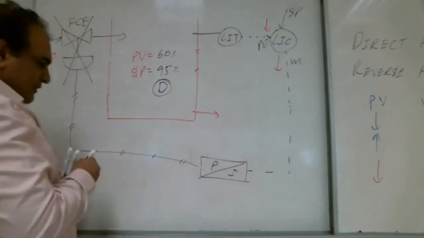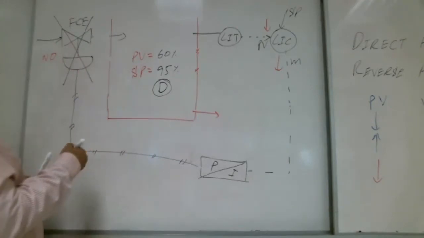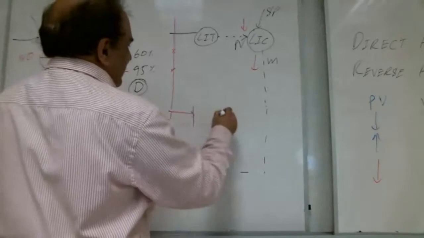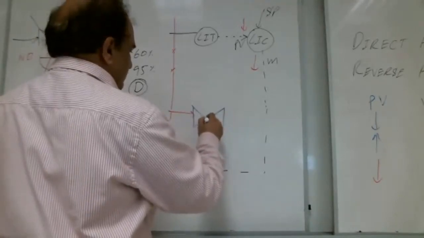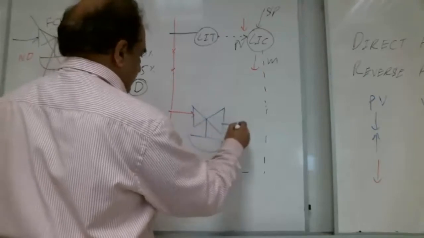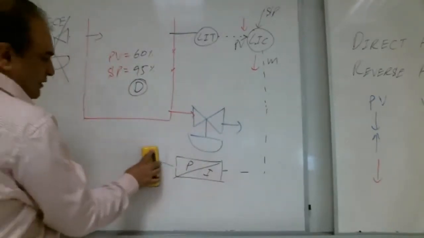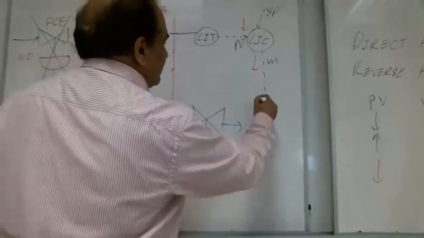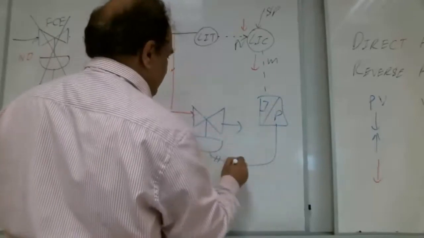We bring this valve here at the outlet, like this. We disconnect the signal from here. We put an I to P converter here and bring the signal here.